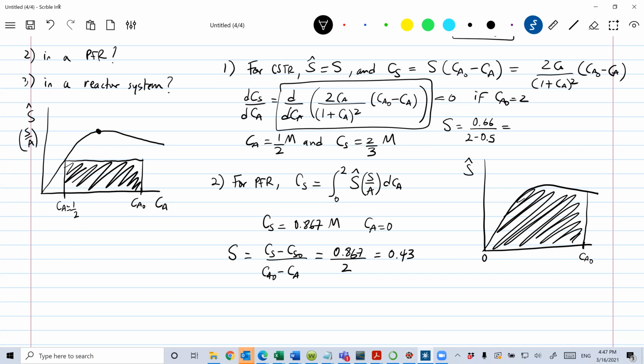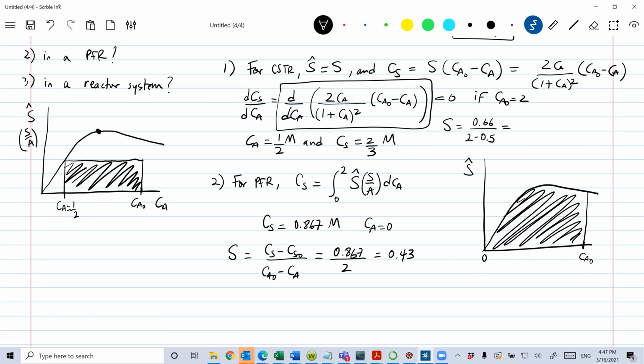I don't know what that is. Actually, I had not calculated it before, but it should be less than 0.43. Let me see, what is that? 0.66 divided by 1.5. It says 0.44. That's interesting.